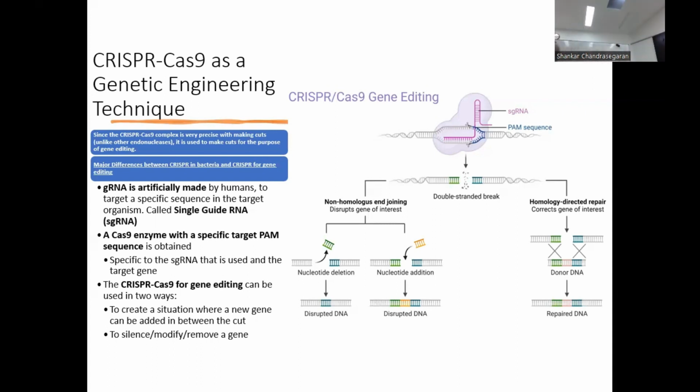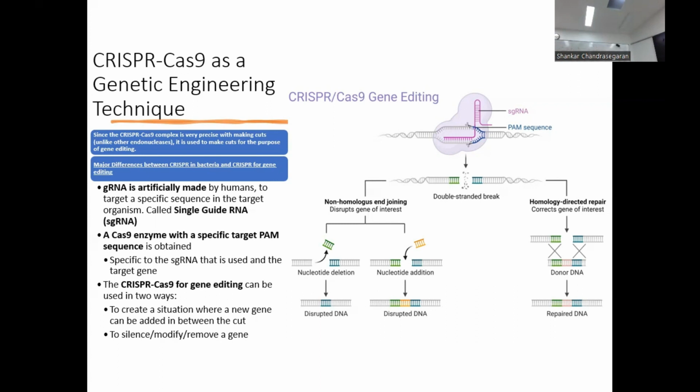So the first thing they modify is making sure that the entire enzyme has the PAM sequence that is complementary to wherever you want to make the cut, right? So a Cas9 enzyme with a specific target PAM sequence is obtained. Then the second thing they have to do is make a guide RNA, a single guide RNA that is complementary to where we want to make the cut.